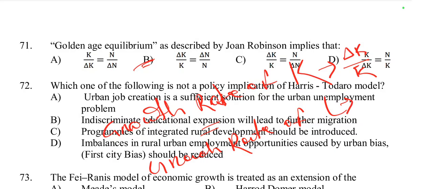And how do we calculate the growth rate of labor? ΔN/N, the change in labor by original labor. So ΔK/K is equal to ΔN/N, or the growth rate of capital is equal to the growth rate of labor. So this is the golden age equilibrium according to Joan Robinson.